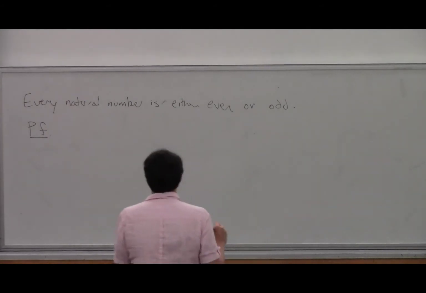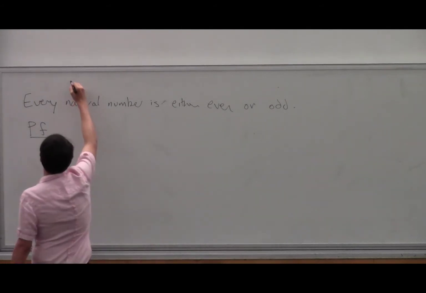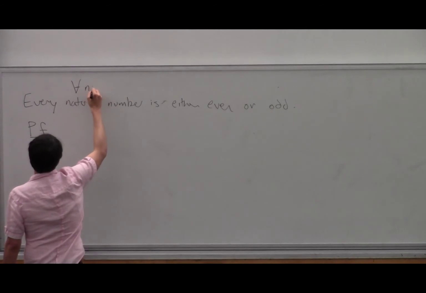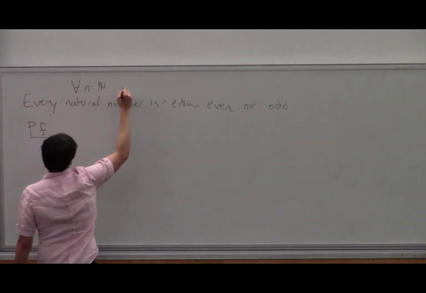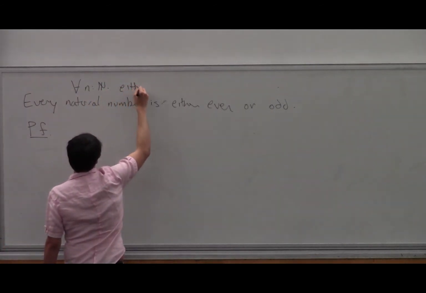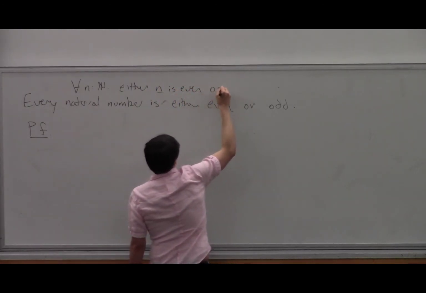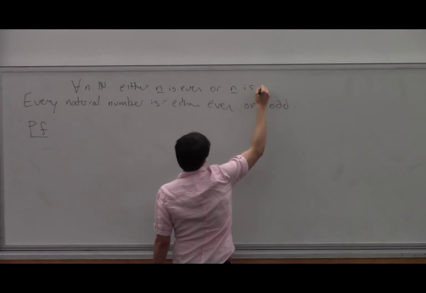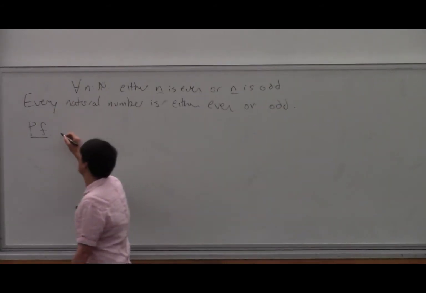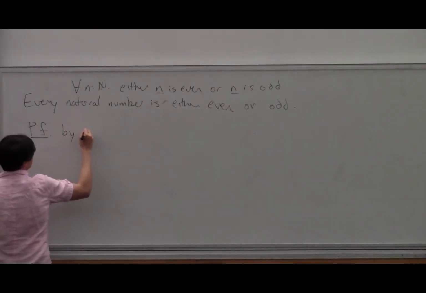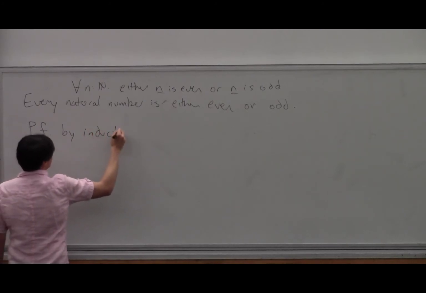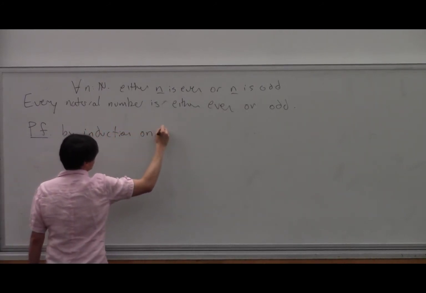Induction. Okay. So formally, we should say this as: for all numbers n, either n is even or n is odd. And then we can say that we're doing this by induction on n.